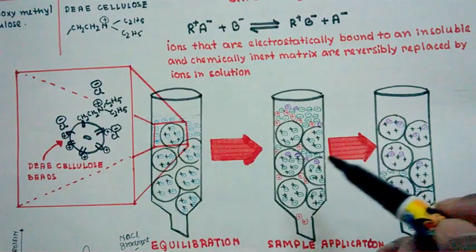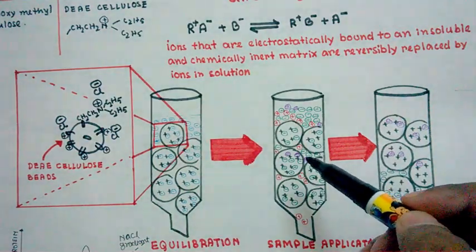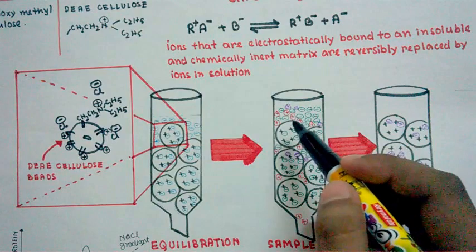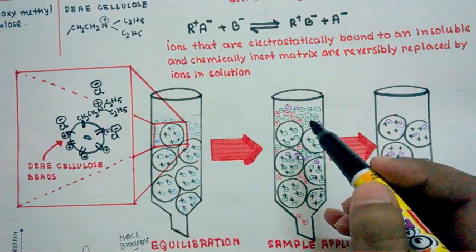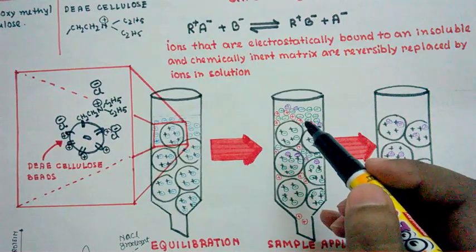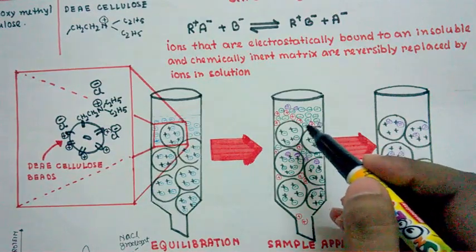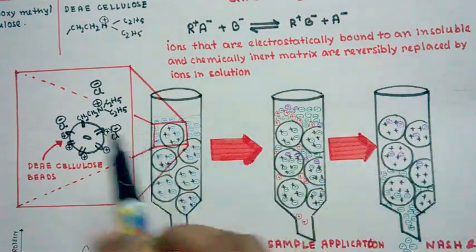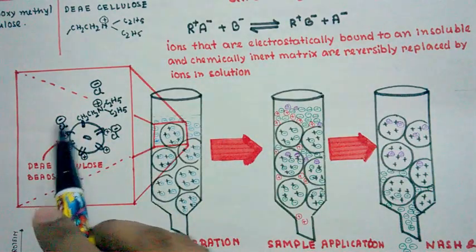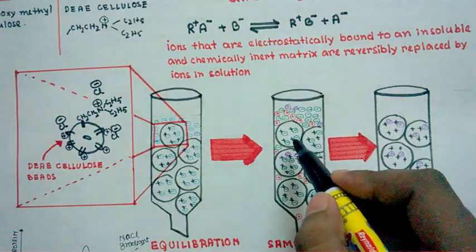In the second step, we apply the sample, and our sample may have some proteins which are positively charged, some which have some amount of negative charge, and some which have a greater amount of negative charge. The proteins that have negative charge will replace this chloride ion and bind to the matrix as shown here.